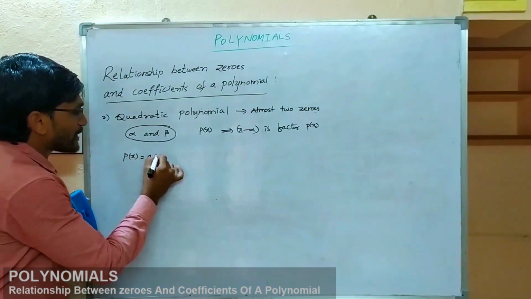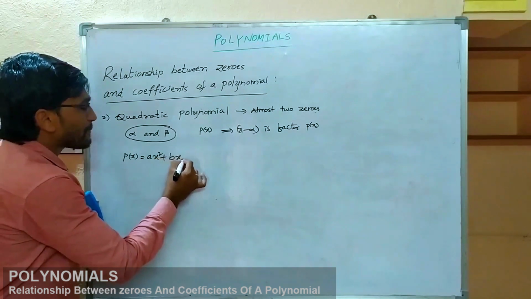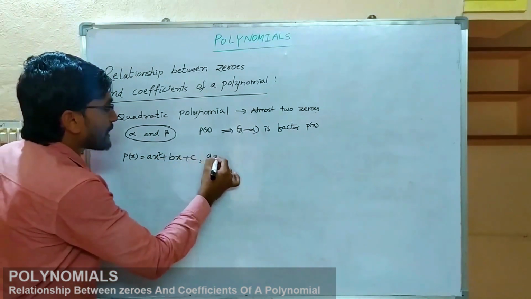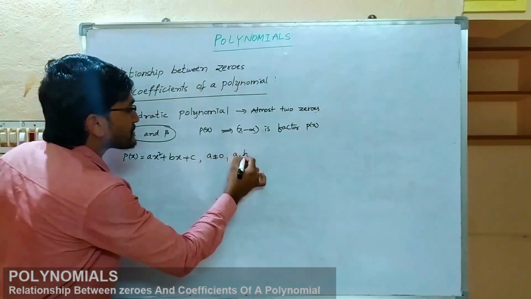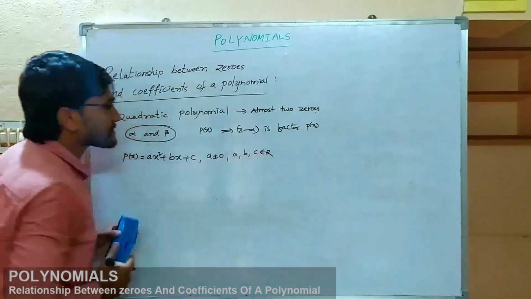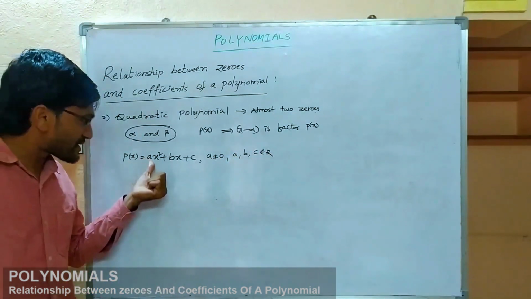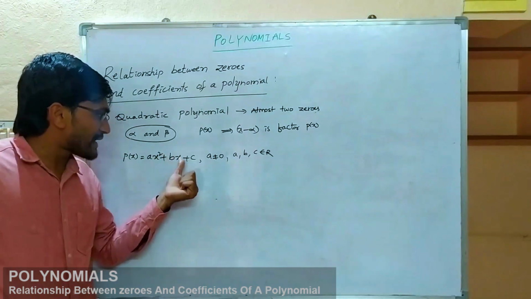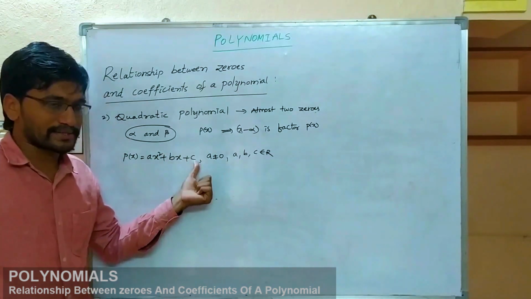The general form of quadratic polynomial is ax square plus bx plus c, a not equal to 0, a, b and c belong to real numbers, where a is x square coefficient, b is x coefficient, c is constant.